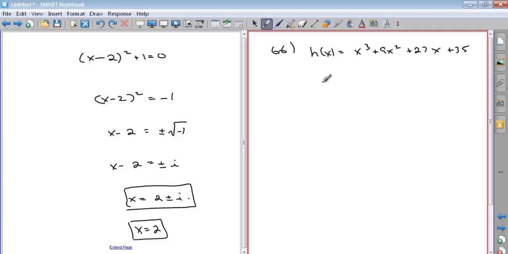Okay, so here we get plus or minus 1, plus or minus 5, plus or minus 7, and plus or minus 35. It's very unlikely it's going to be 35. It's also not going to be positive, because we saw that if all these terms are positive, you're not going to have a positive 0.